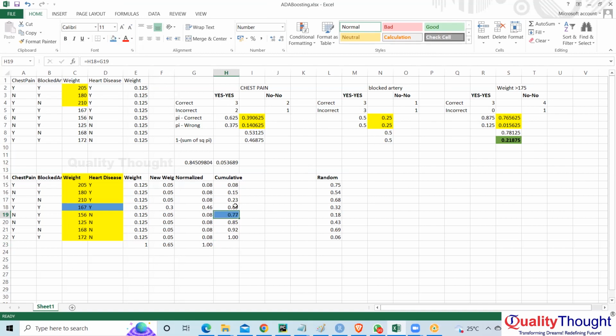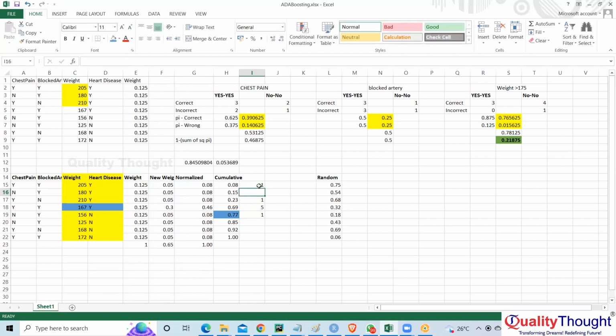Here. Instead of highlighting, I will say 1 here, 1 here. Now 0.68 is where? Here only. This became 2. 0.32 is here only. 3. 0.18 is here. 0.43 is here only. 0.69 is here only. 0.06 is here.